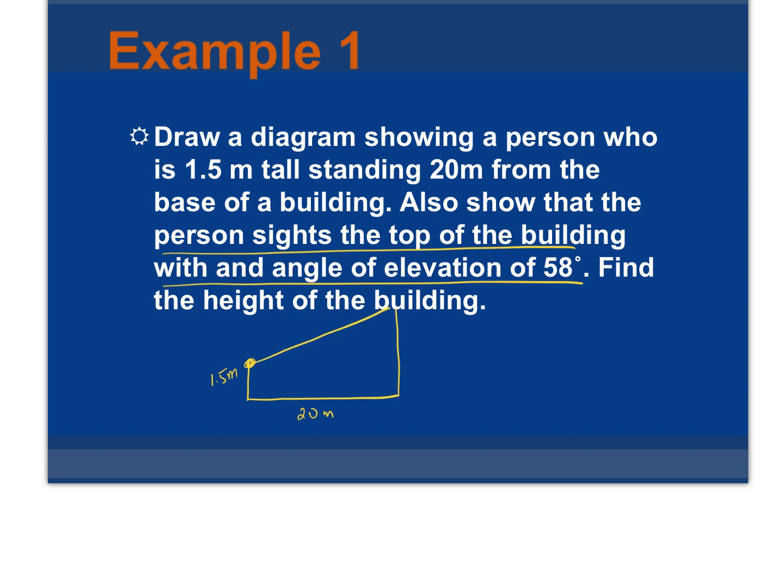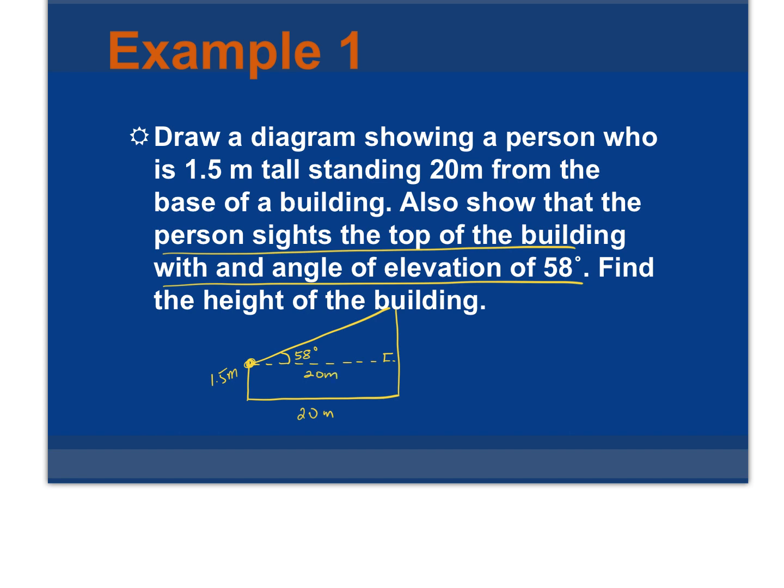When they tell you the person sights the top of the building and it doesn't say it's 58 degrees from the ground, what they're saying is that you draw a horizontal line, and this is where the 58 degrees comes from. So this imaginary horizontal line is also 20 meters, okay?